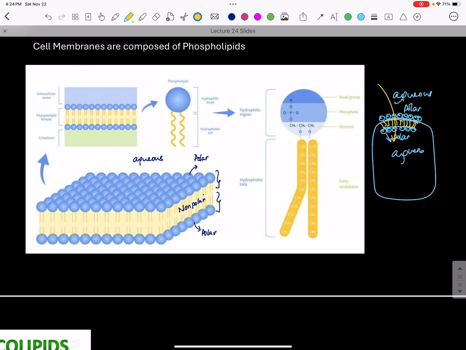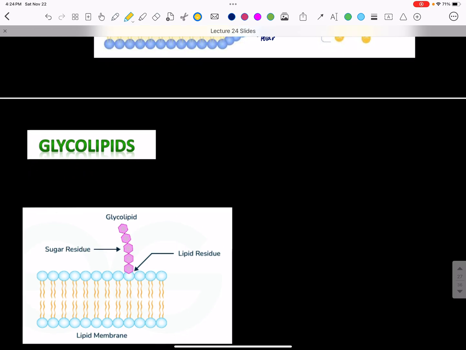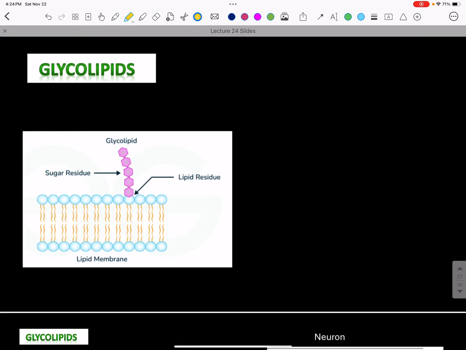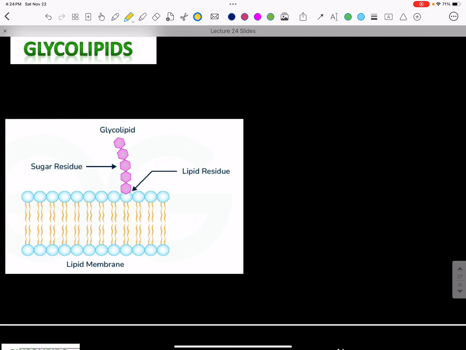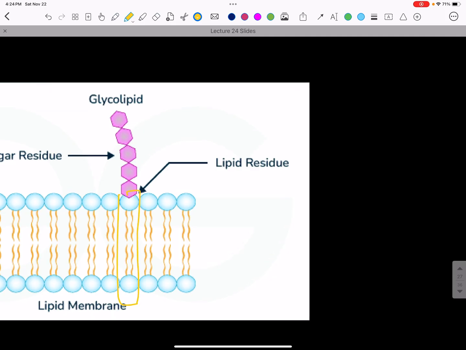The next class of complex lipids is the glycolipids. The glycolipids have a very similar structure, like you can think of the phospholipid right here. You can see this is a phospholipid, and the phospholipid is attached to a sugar, and these sugar units can be anywhere from 2 to 6 monomeric units that can be joined together, and that forms a glycolipid.